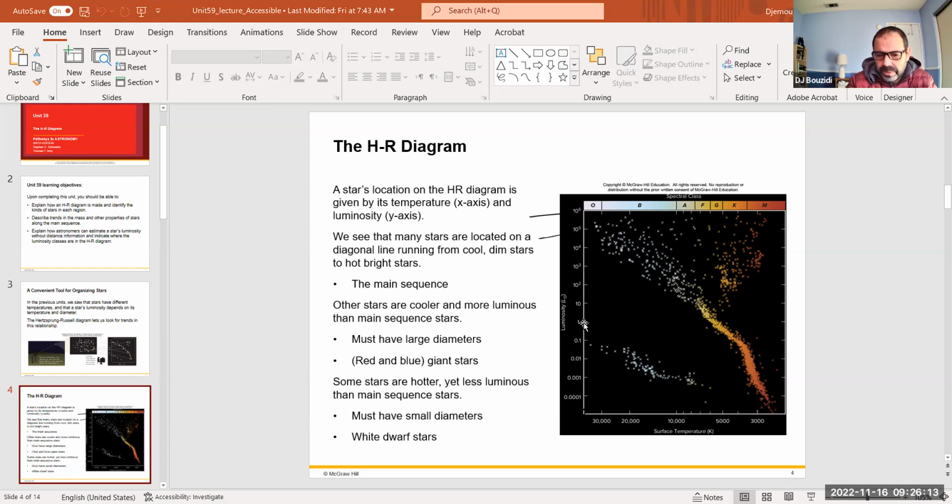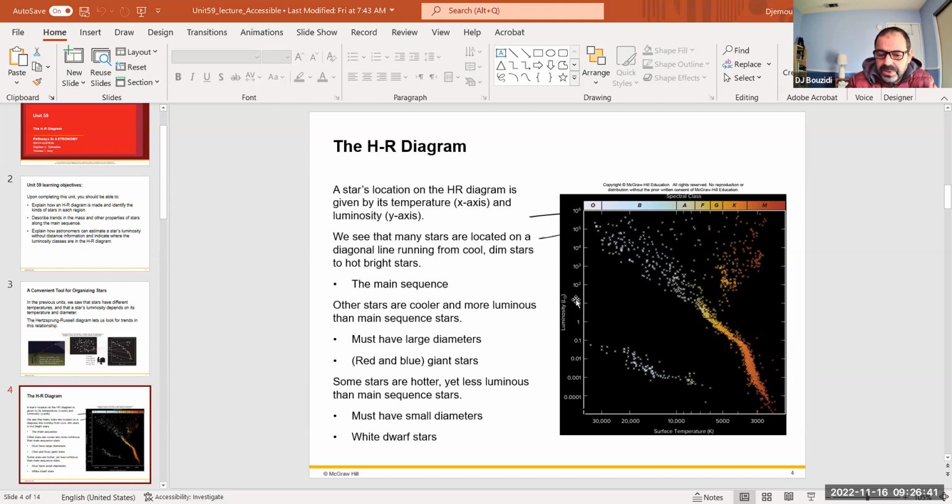One with respect to what? With respect to the sun. So the sun sits exactly at 1. This is the sun, and its surface temperature is about 5,800 Kelvin. I'm sorry, I made a mistake. It's on this side of the 5,000. So that's roughly where the sun is.